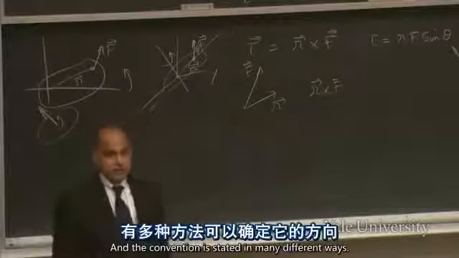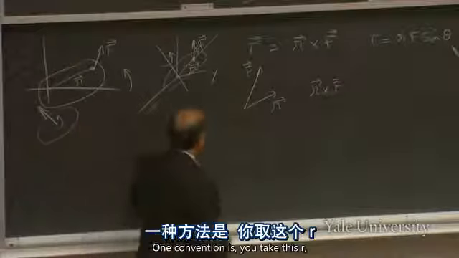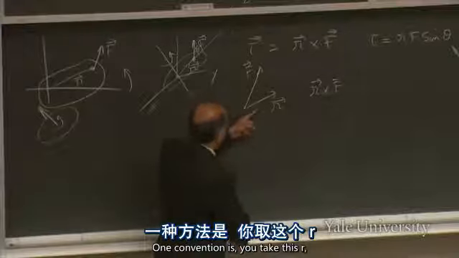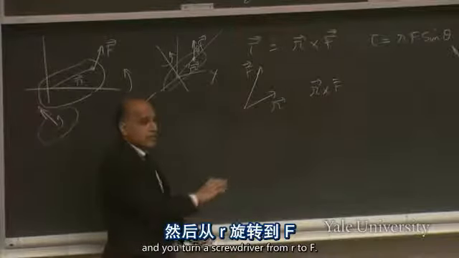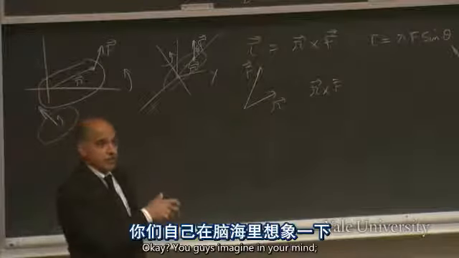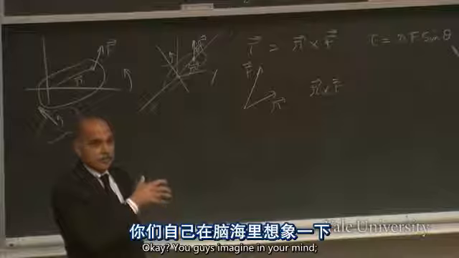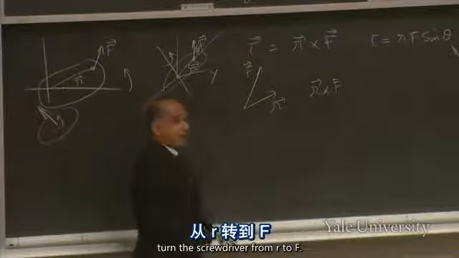The convention is stated in many different ways. One convention is you take this r and you turn a screwdriver from r to F. You imagine in your mind, take a screwdriver, turn the screwdriver from r to F.